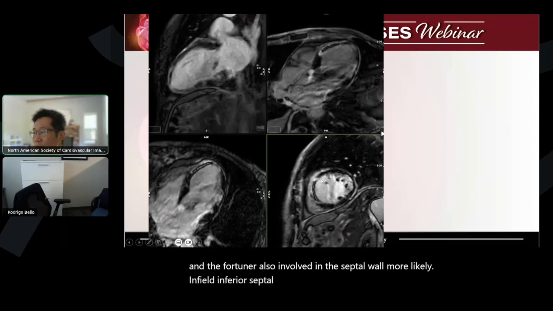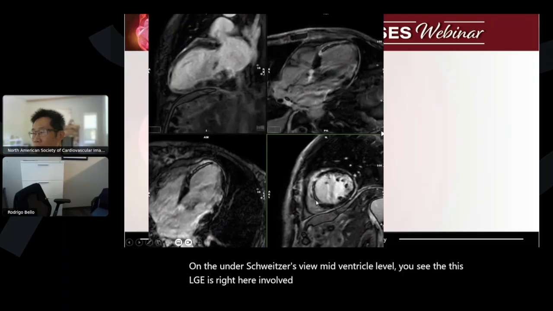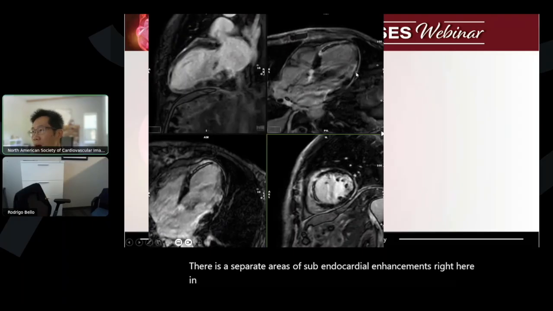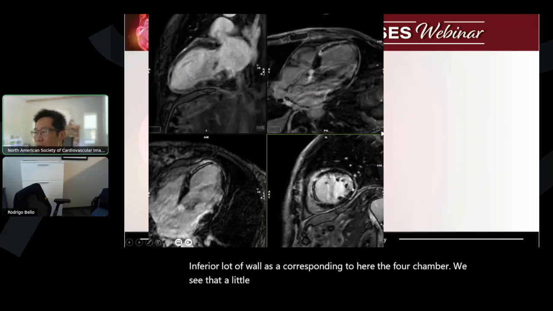On the short axis view, mid ventricle level, this LGE is right here, involving the entire layers of the septum, anterior and inferior septal walls. There are separate areas of subendocardial enhancement right here in the inferior lateral wall. Corresponding to here in the four chamber, we see that a little bit. On short axis, probably right here, you see a little bit of a thinned area.